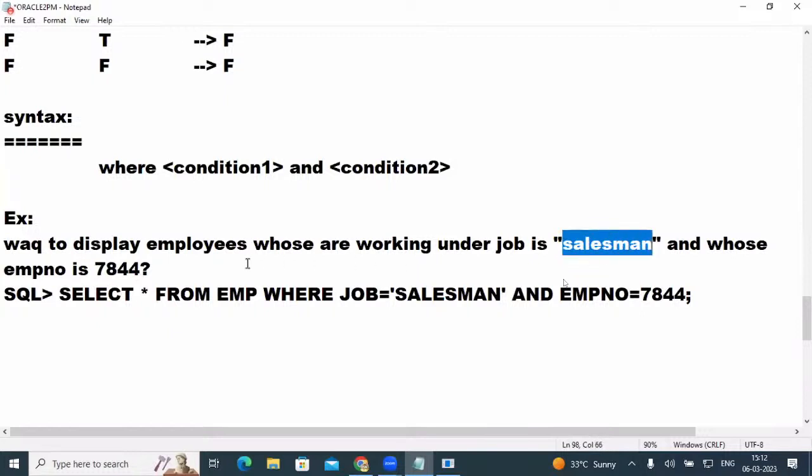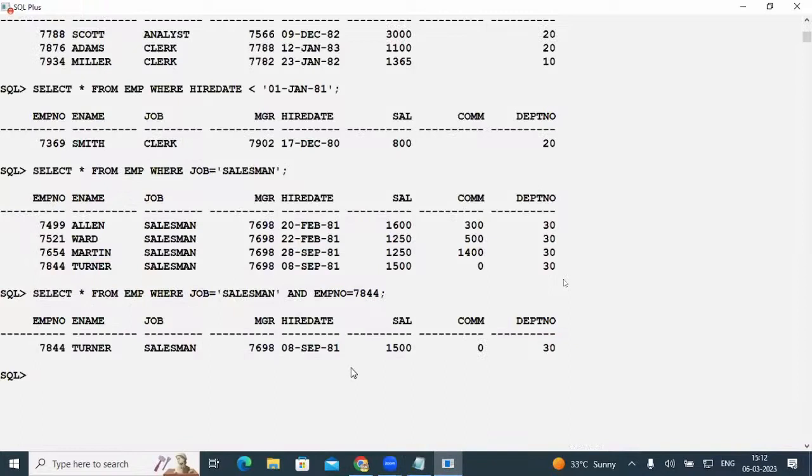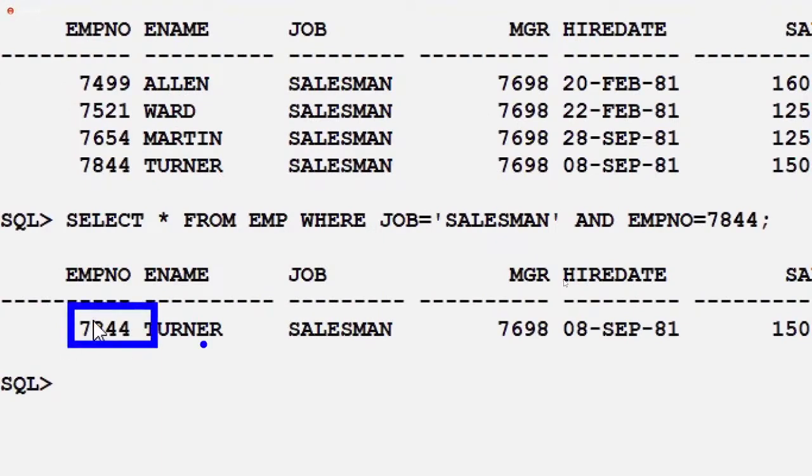If these conditional values are in the same row in a table, your two conditions, three conditions, no matter, when your conditional data is in the same row in your table, use an AND operator.